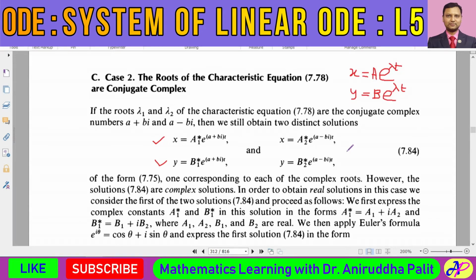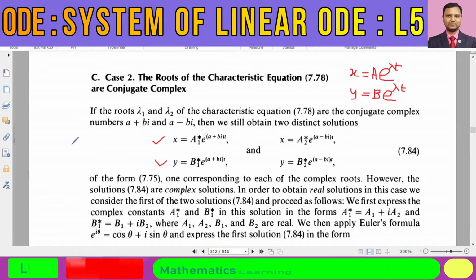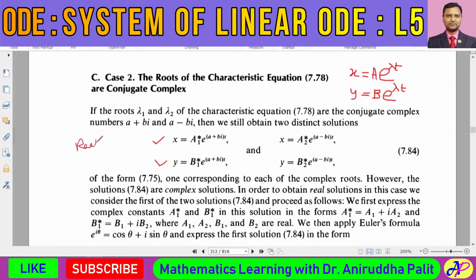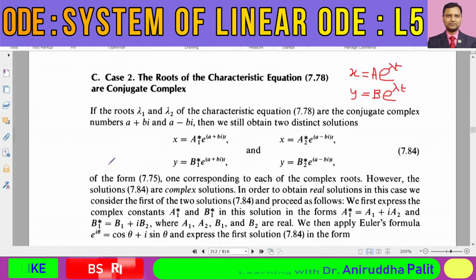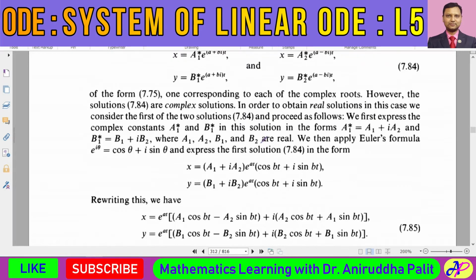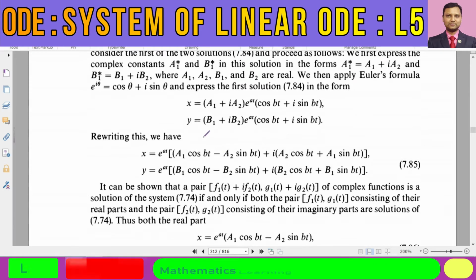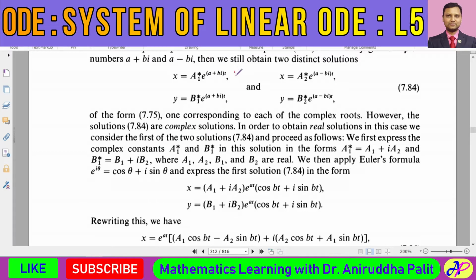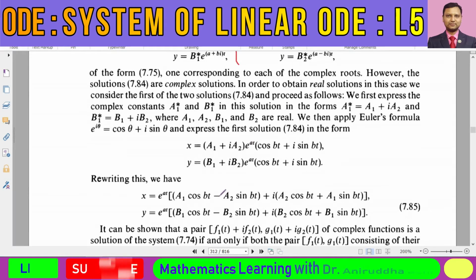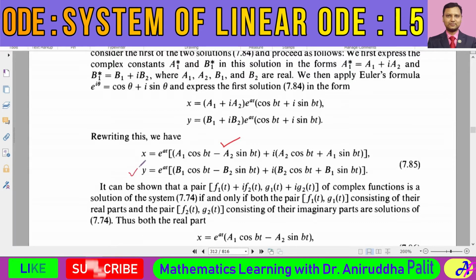I am repeating this once again: it can be shown that the real part and the imaginary part of these two solutions will produce two linearly independent solutions. If we expand these solutions, we will have this expression of x and this expression of y.